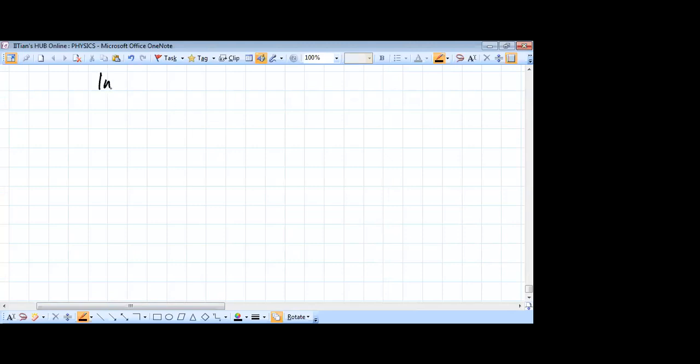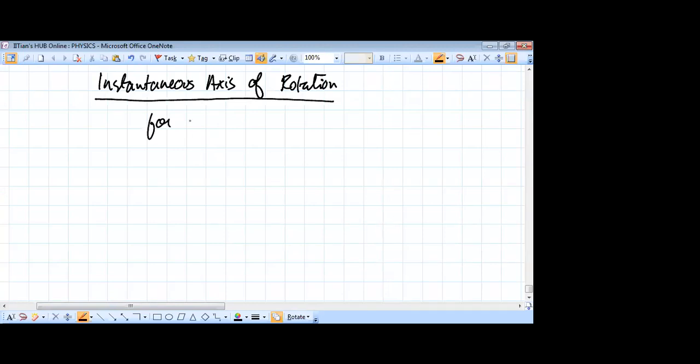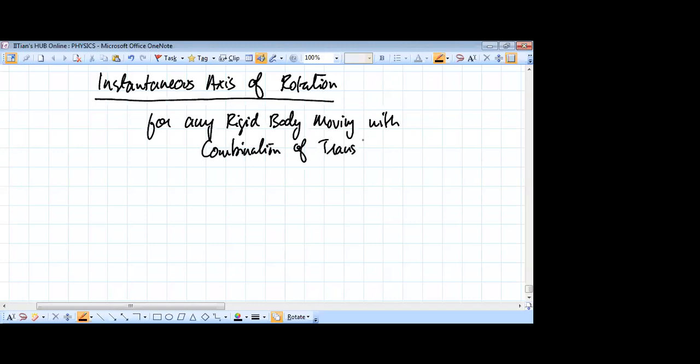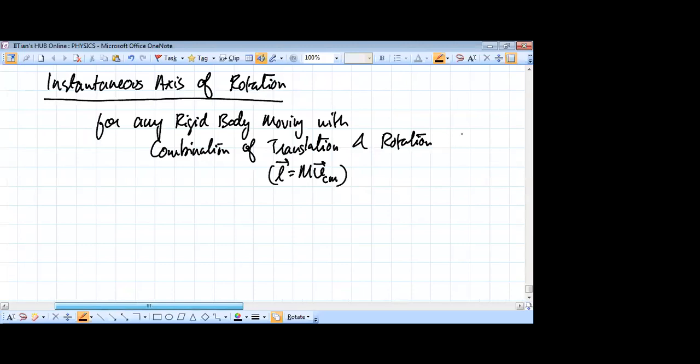So we have the concept of instantaneous axis of rotation for any rigid body moving with a combination of translation, or linear momentum equal to mass into velocity of center of mass, and rotation about the center of mass.